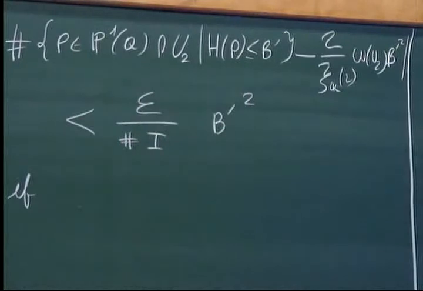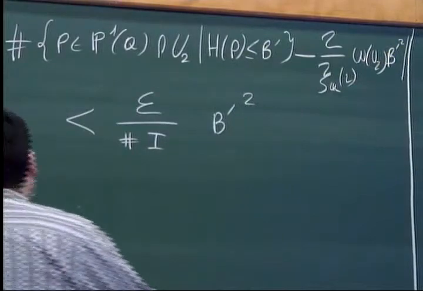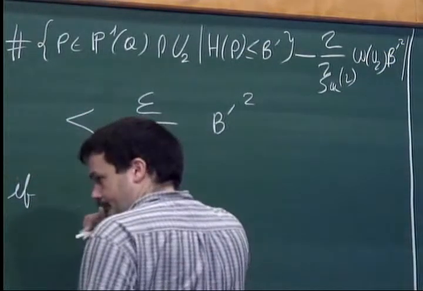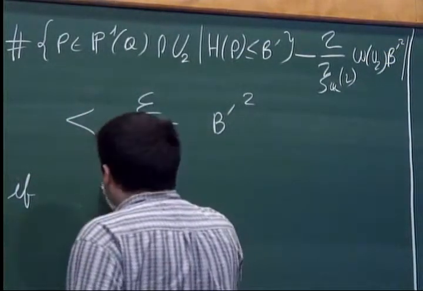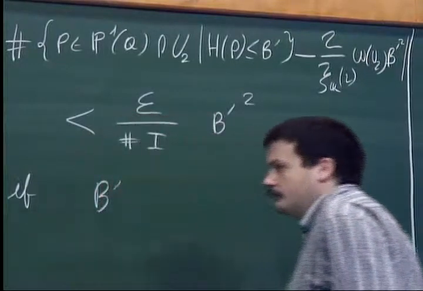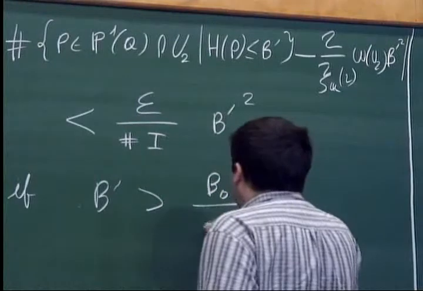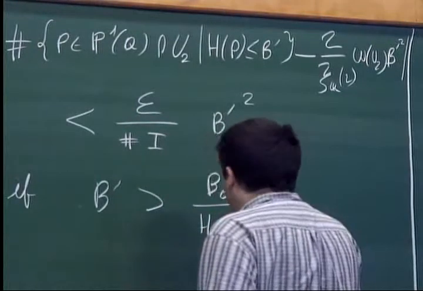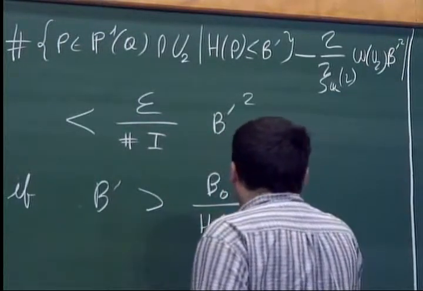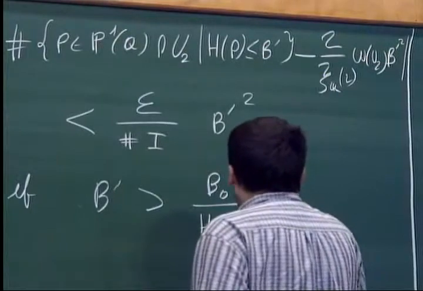If, so what do I need? If, let's say, sorry, b prime is bigger than b naught divided by h of p at the power m.